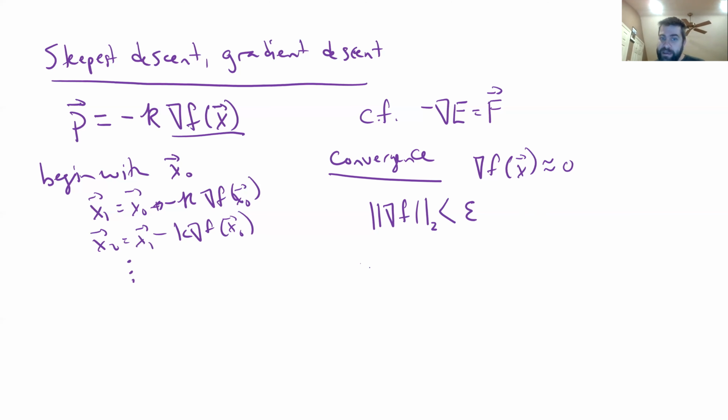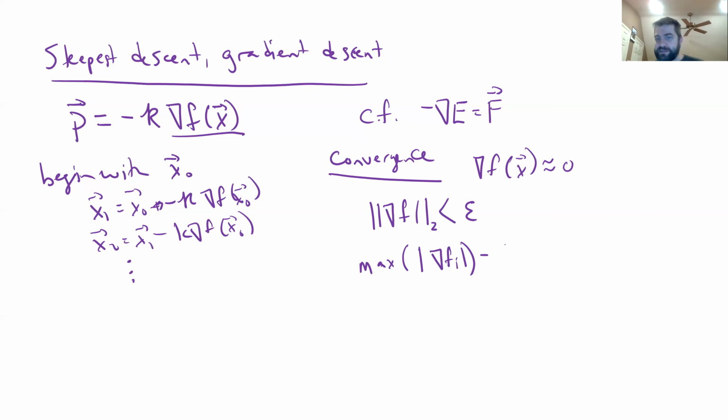We also may use a convergence where we look for the largest absolute value of any individual term in the gradient.